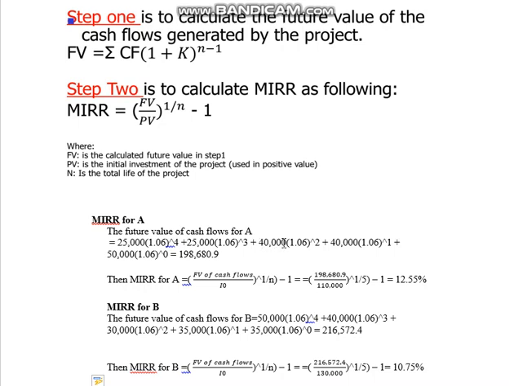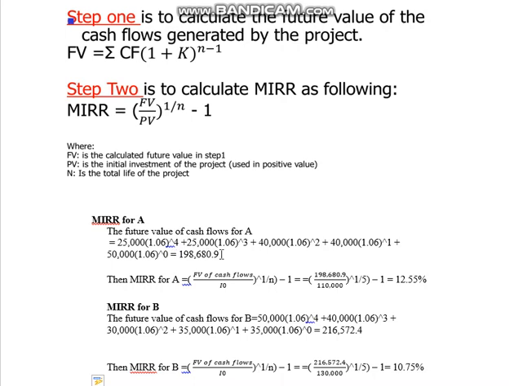Then plus 40,000 times 1 plus 0.06 to the power 2, plus 40,000 times 1 plus 0.06 to the power 1, plus 50,000 times 1 plus 0.06 to the power 0, since we have already reached the future.